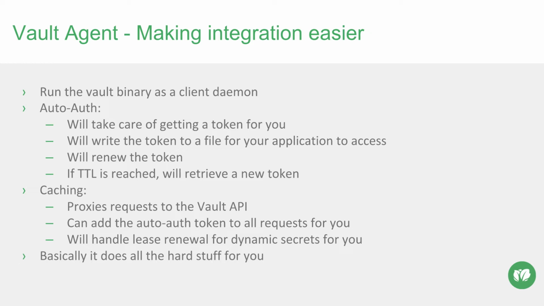So the first thing they added was the concept of auto auth. What this will do is it'll take care of getting your Vault token for you. It works best in those situations like the AWS or the Kubernetes situation, where you're able to pull the credentials you need out of your running environment. So if you're running in AWS, really all you have to tell it is what role you want to assume, and if you want to use the IAM or the EC2 option.